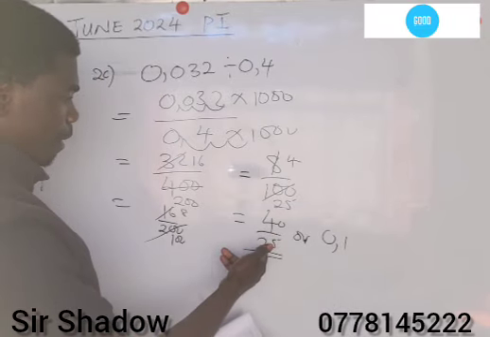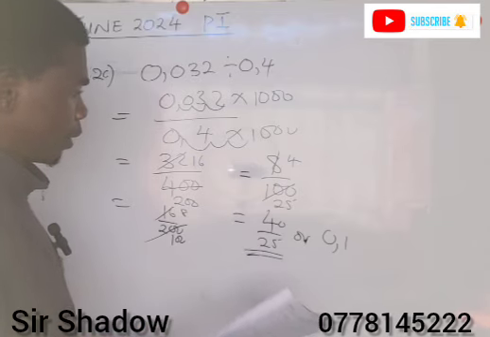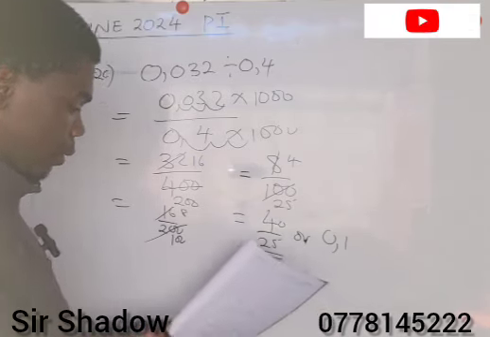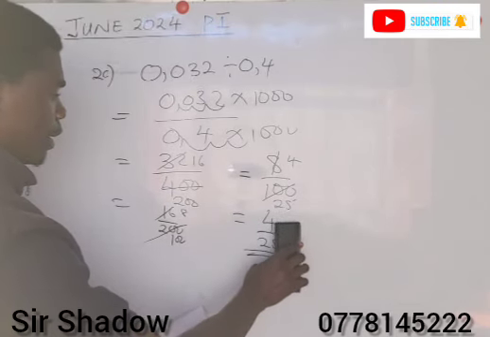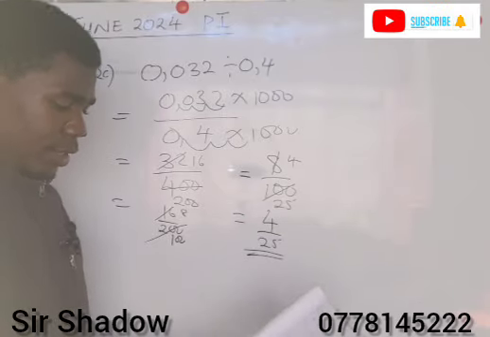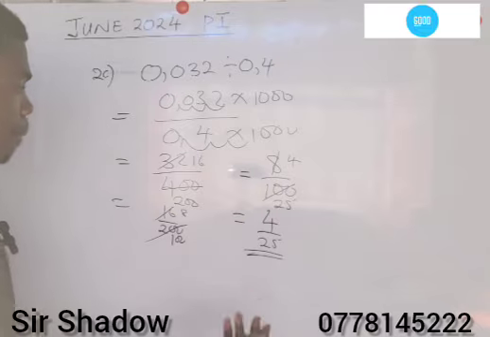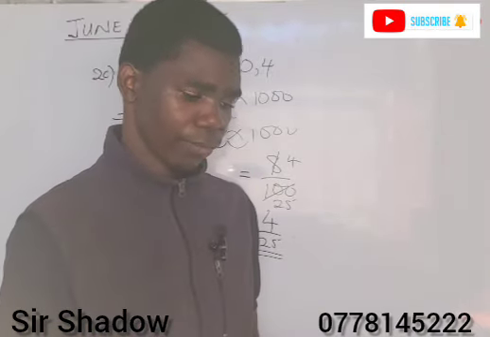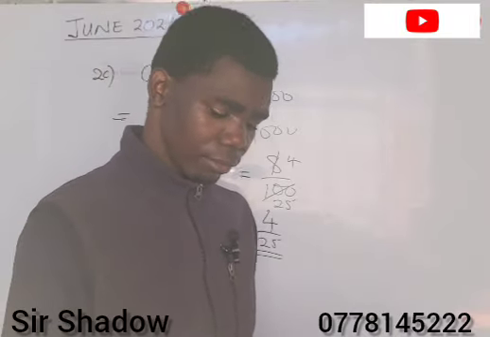You can leave our answer as a fraction like this. But if you have enough time, we can convert this 4 over 25 into a decimal, if you have enough time to work on that question.